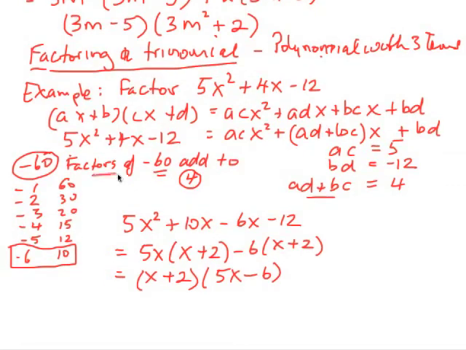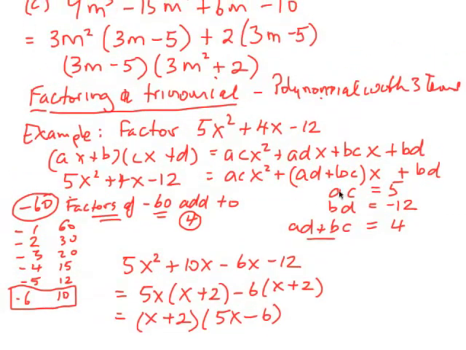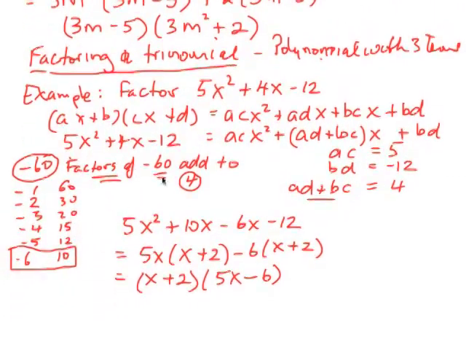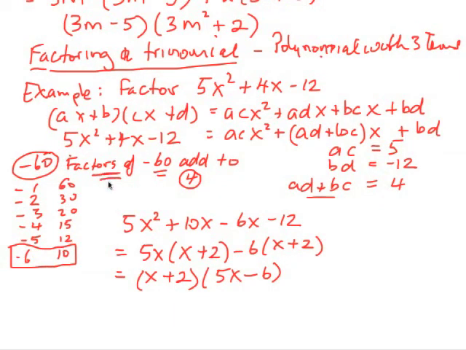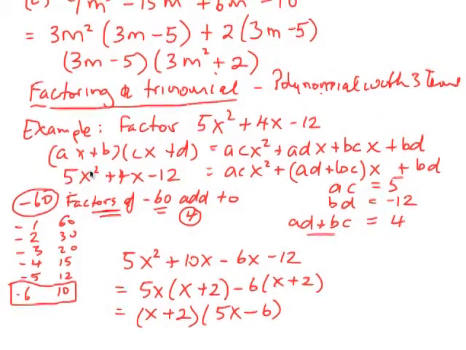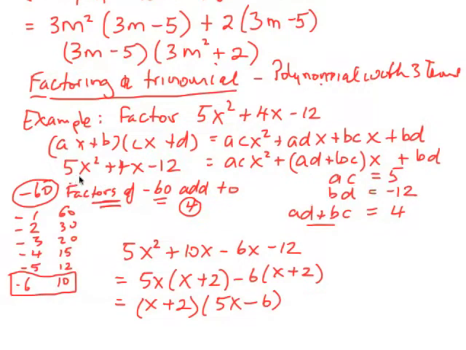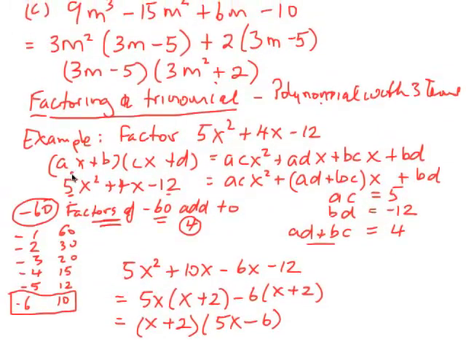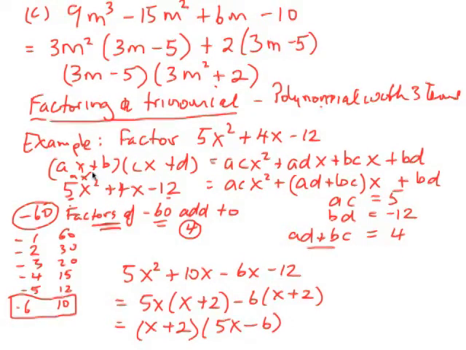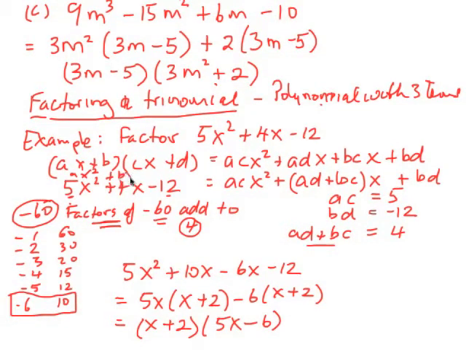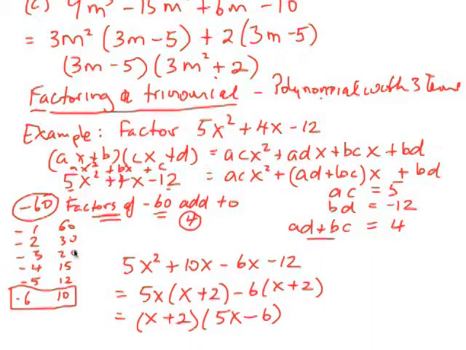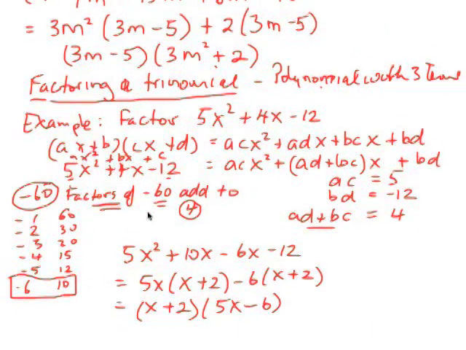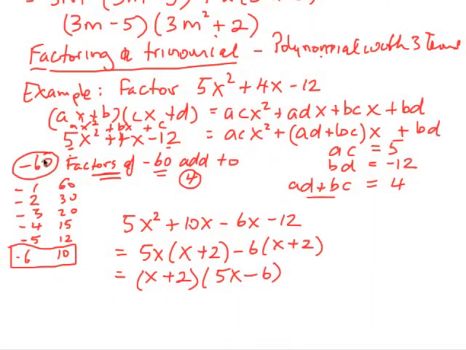And the simplest way to do that, based on the idea of the reverse FOIL, is to look at the factors of a times c. So notice that here we have 5 times negative 12. If this was in the form ax squared plus bx plus c, then a times c would be negative 60.